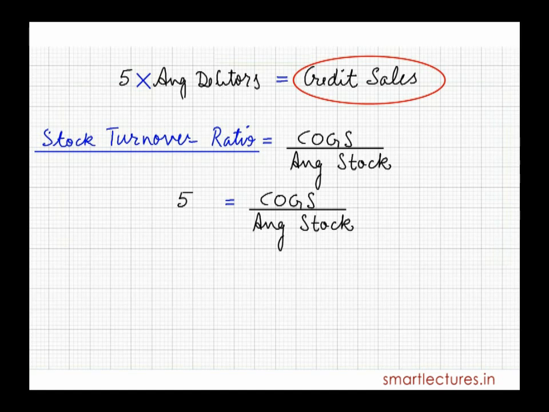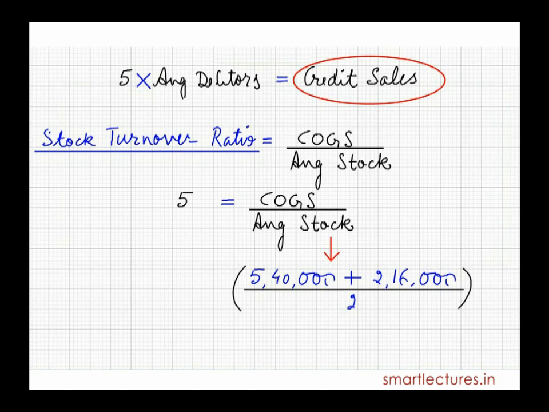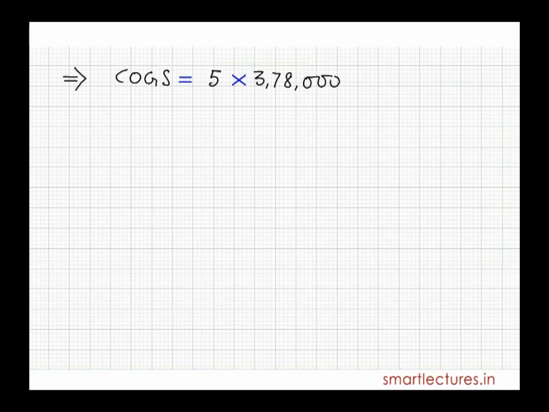Opening stock and closing stock is given. That is 5,40,000 plus 2,16,000 upon 2, that is 3,78,000. It means cost of goods sold is equal to 5 into 3,78,000, that is 18,90,000 rupees.